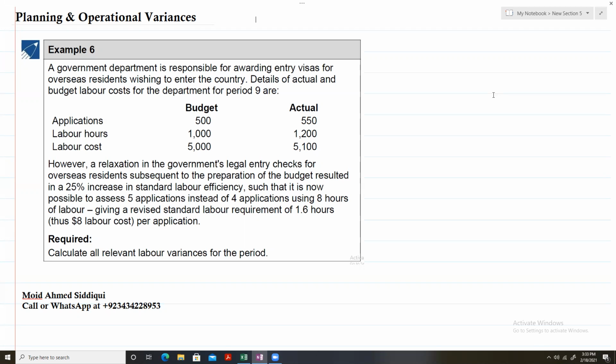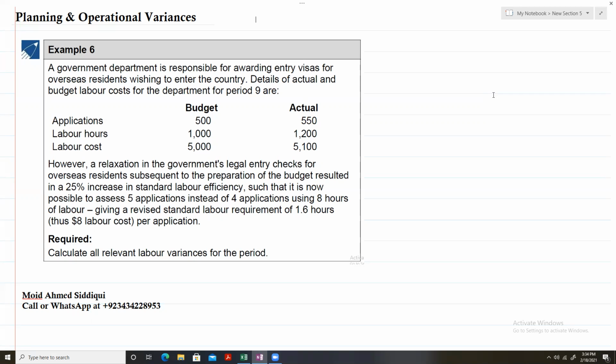In this question, we are required to calculate planning and operational variances. Why? Because there is a change in the labor efficiency.